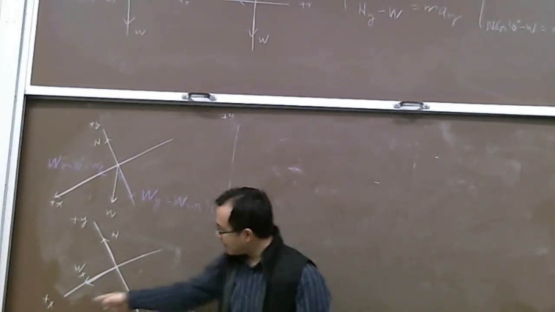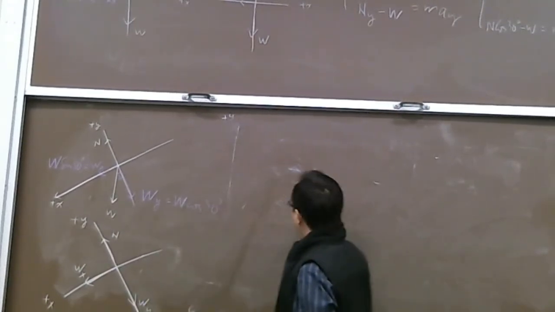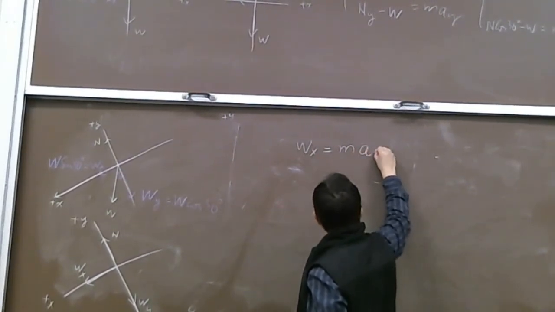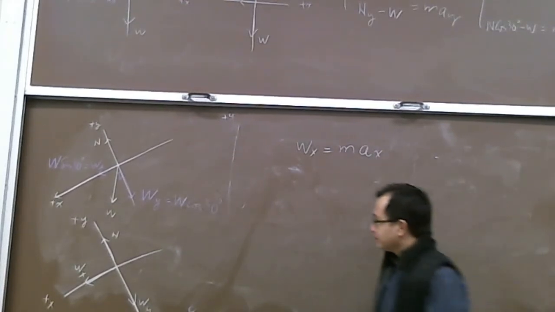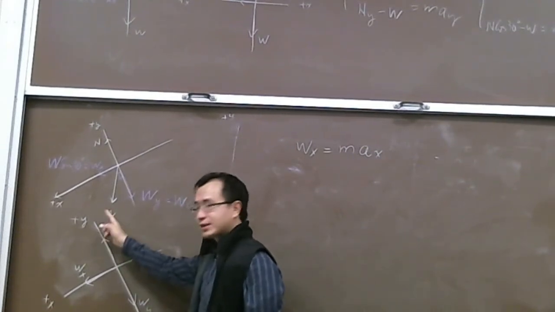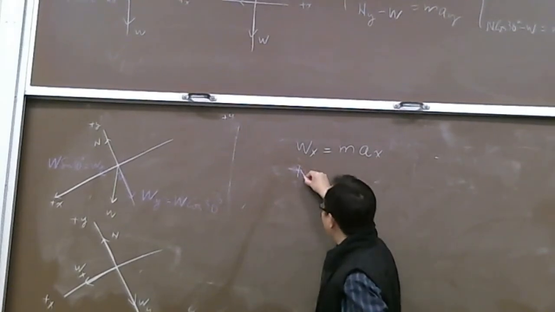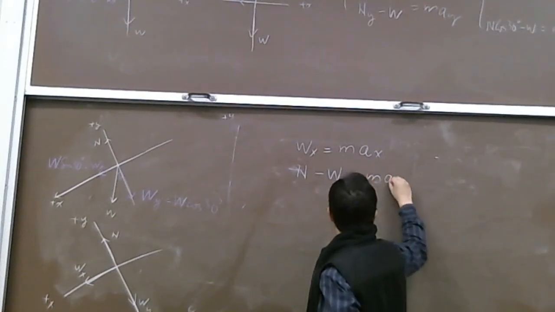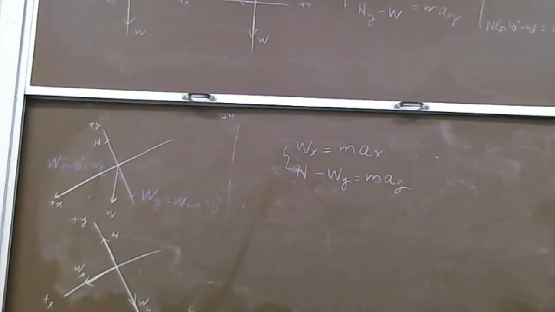I made the positive direction downward along the incline. So you get Wx equals max. Along the y direction, you have normal force N positive, Wy negative. So I get N minus Wy equals may. These are my two equations along the x and y directions.